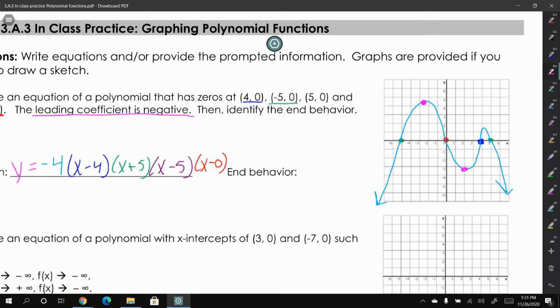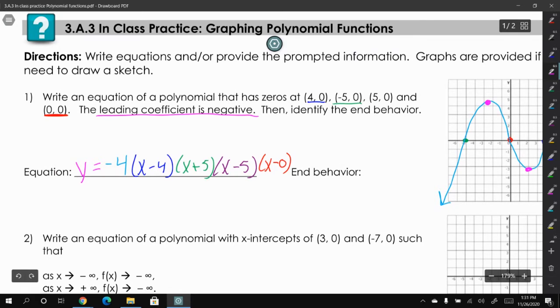Now you may be saying, well, how do you know that we're going to bounce or cross at these x-intercepts? And this is one of those instances where the problem doesn't say that. The original directions up here don't talk about the behavior at those zeros. So you could have a lot of different answers here, but this is the most basic correct answer. We're going to simplify this equation, because the x minus 0 we're just going to write as x and not have minus 0 with it.